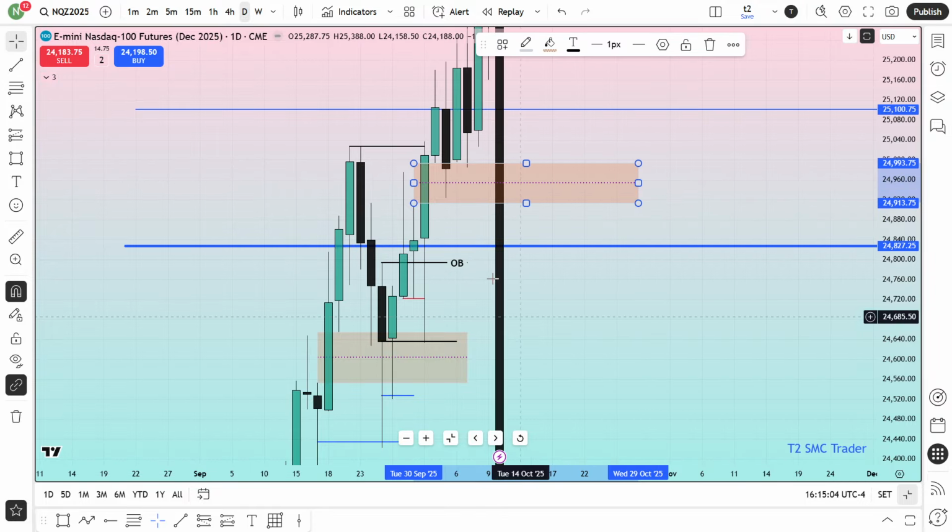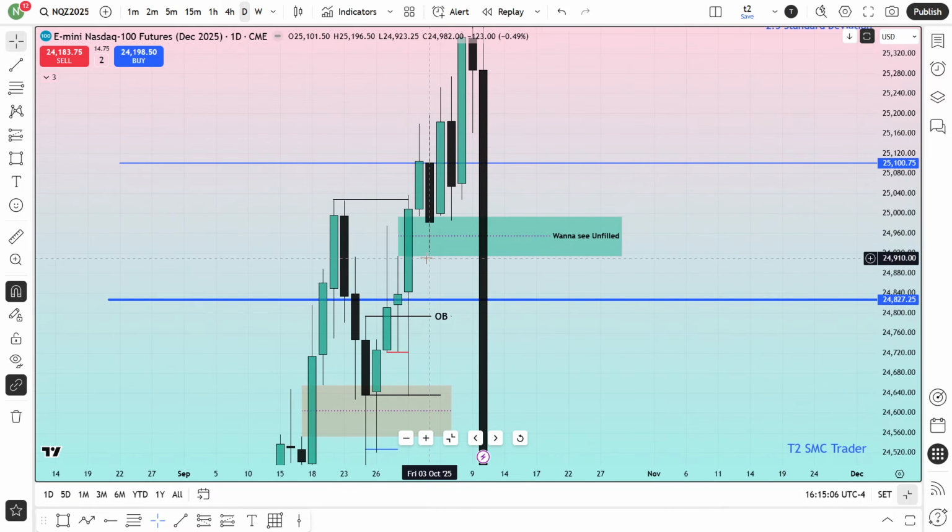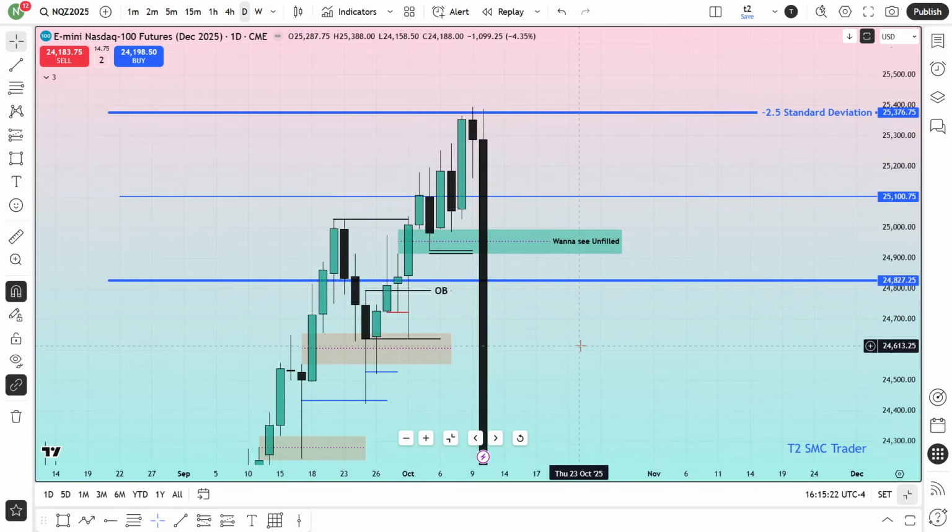So this gap is not going to be filled by the candle 100%. It should not close this gap by 100%. Now you can see a small portion of this gap is still open, so let me mark it. After trading the order block, you will always expect that this should be the unfilled gap.